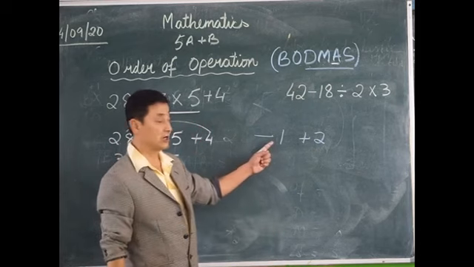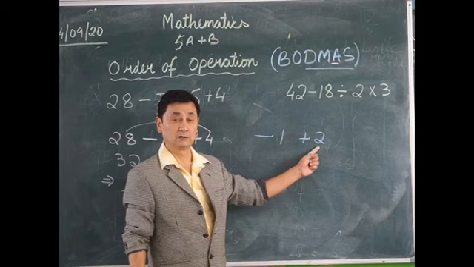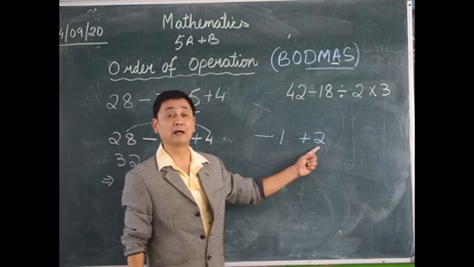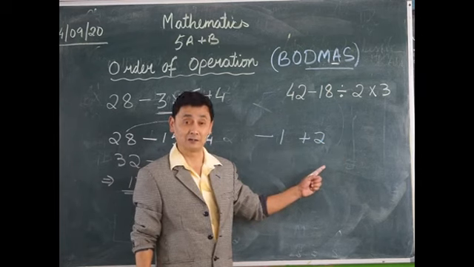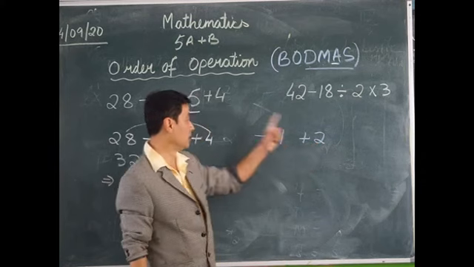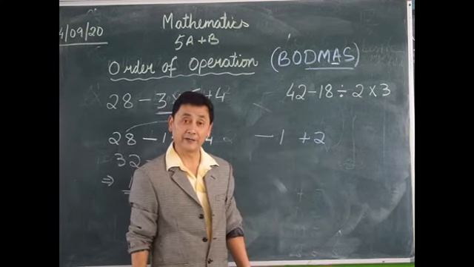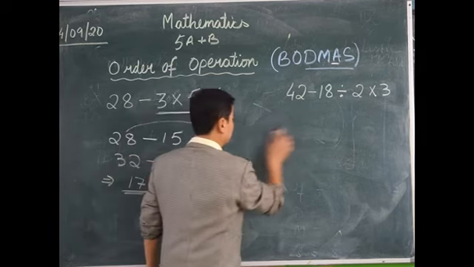No. You have to give bhaiya 1 rupee and you gave him 2 rupees. Bhaiya will say 3 rupees? No. How much will you get back? 3 rupees or 1 rupee? You will get back 1 rupee. Very good. 2 minus 1 is 1. Never add minus and plus together.